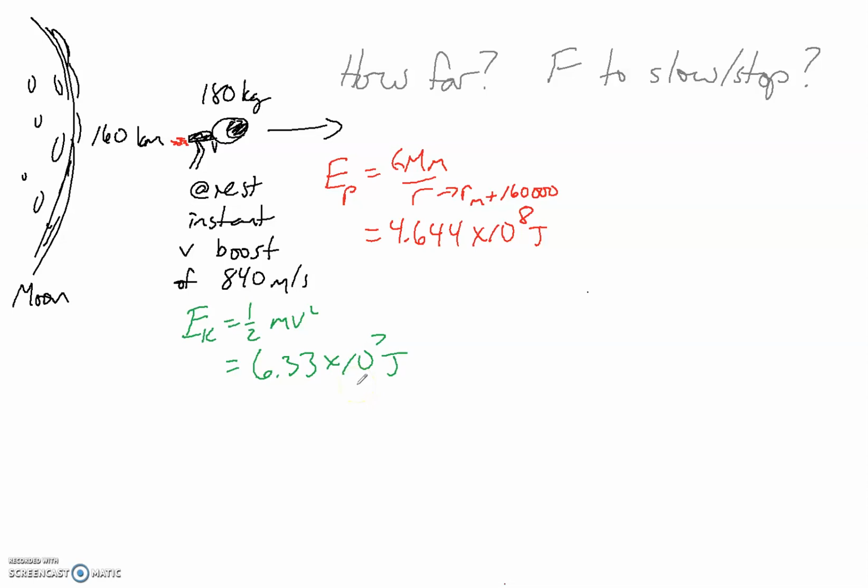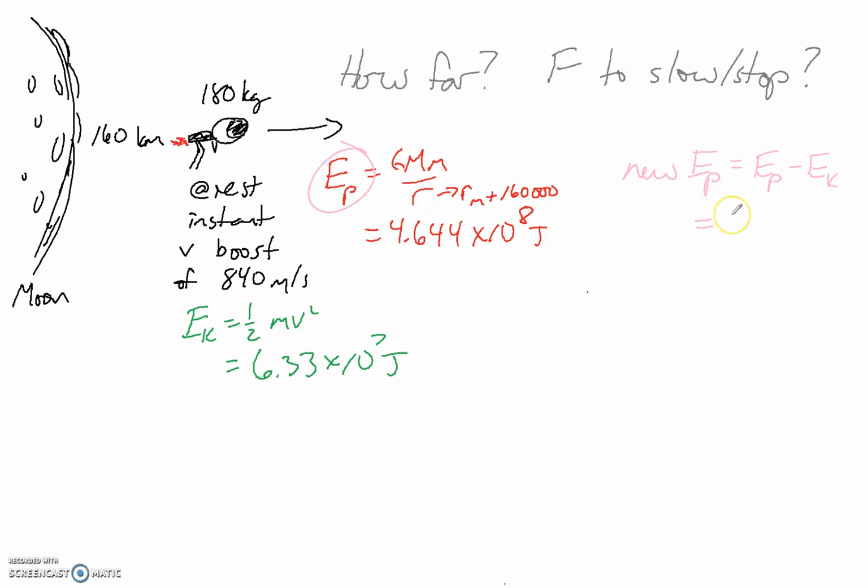So all I have to do to find his new potential energy out here is take that potential energy that he started with, that's this one right here, minus the kinetic energy, because the change in potential has to be equal to the change in kinetic. My kinetic is going to change by 6.33, so my potential is going to change by 6.33, and the potential is going to get smaller.